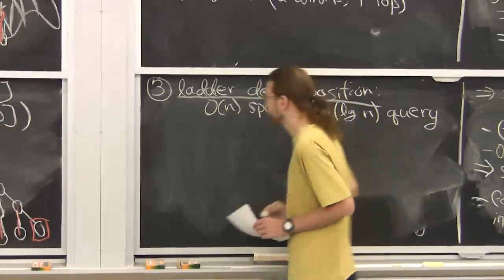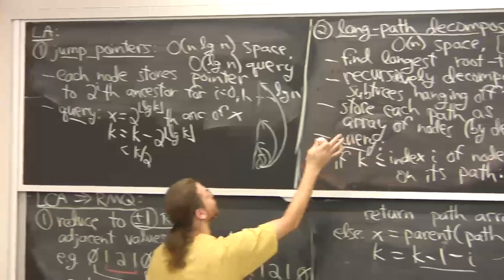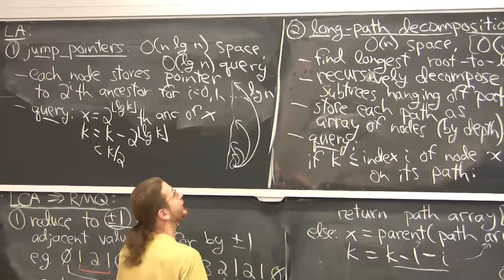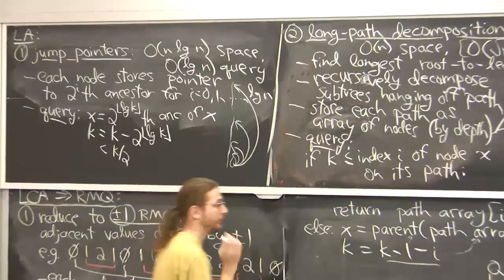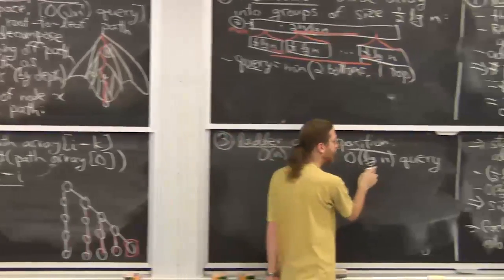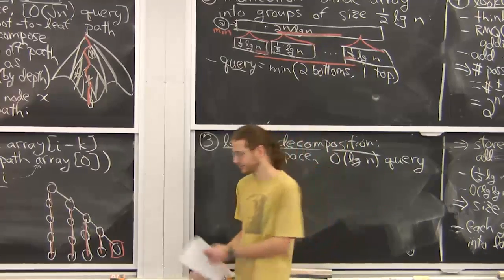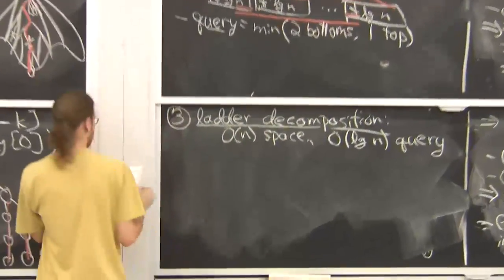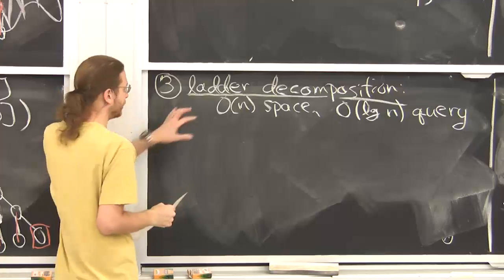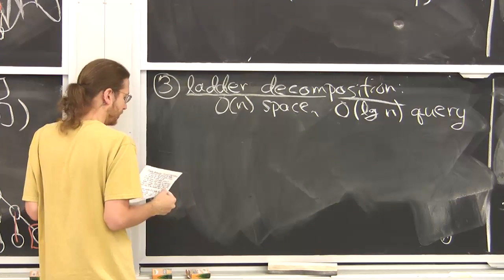Now this is an improvement. So we have at the moment n log n space, log n query, or n space, root n query. We're basically taking the min of the two. Right, so we're getting linear space, log n query. Still not perfect. We want constant query. That's when we'll use indirection, I think. Yeah, basically. A new type of indirection, but okay, so linear space, log n query.